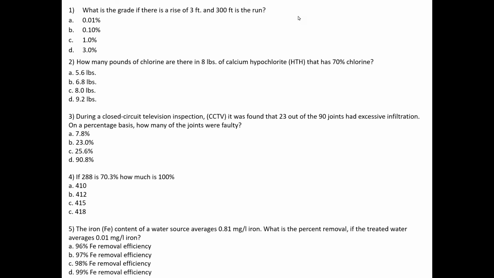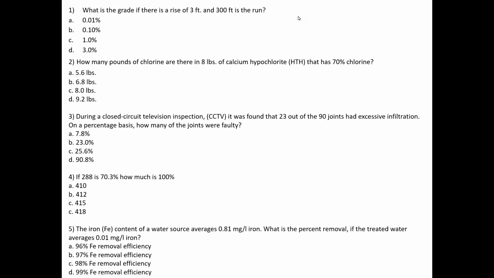Now, what they mean by excess infiltration. Infiltration is groundwater that makes its way into a collection system, a sewer system. Most of the time it comes from bad joints, whether it's a crack joint or so on. If it's in the middle of the pipe between joints, it's probably roots. But the roots will even find their way into the joints easier.